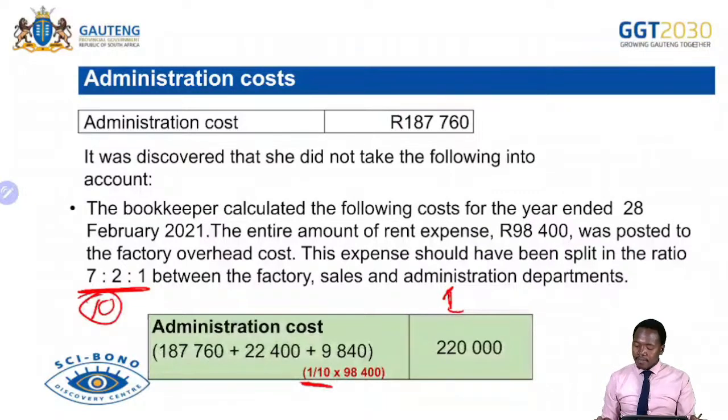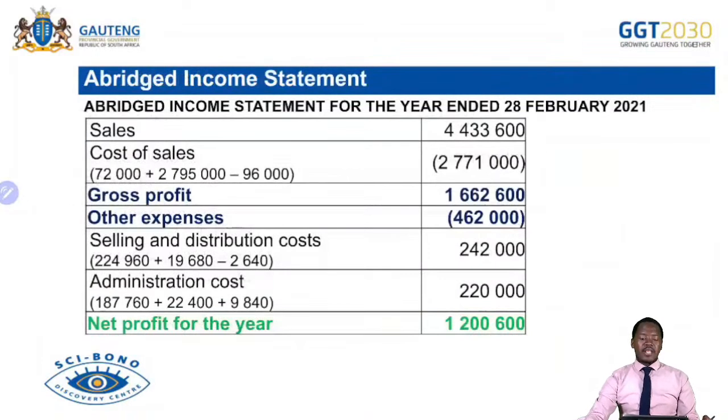Then I close brackets because I'm done with my adjustments, and then I get my total that I'm going to use for my abridged income statement to be 220,000.